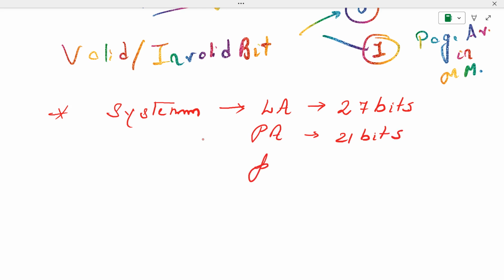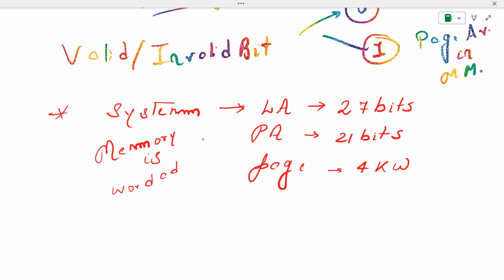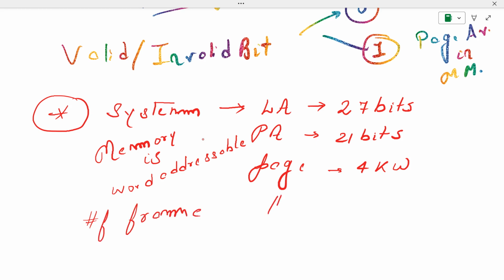Page size is given as 4 kilo word, and memory is word addressable. So these are some specifications given about the system, and we need to calculate the number of frames and the number of pages. So it's a very simple question.